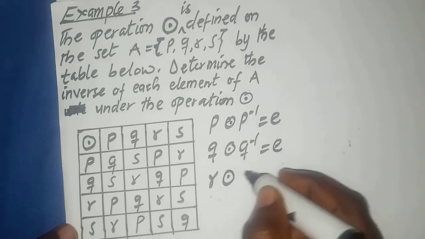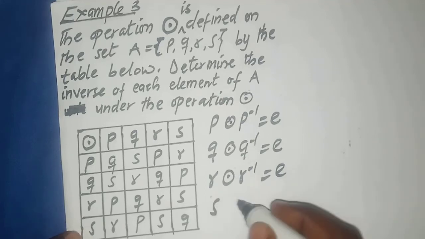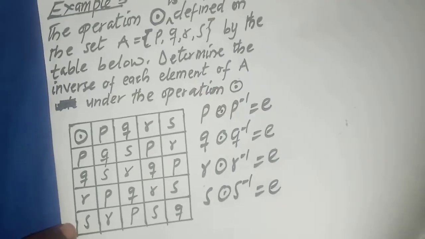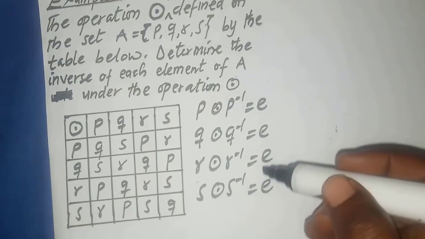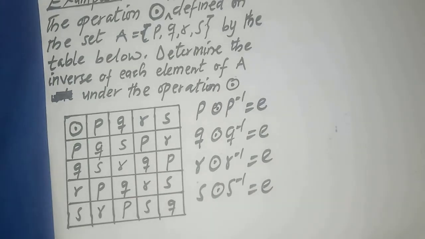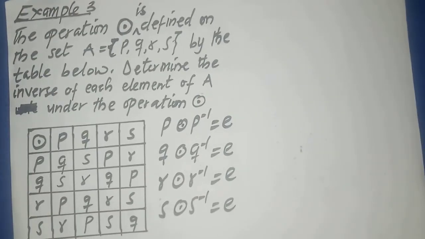Likewise, R operation the inverse of R should give us the identity element, and S operation the inverse of S should give us the identity element. Now the question is, do we know the identity element? Good, we don't know, so we have to find the identity element from the table.